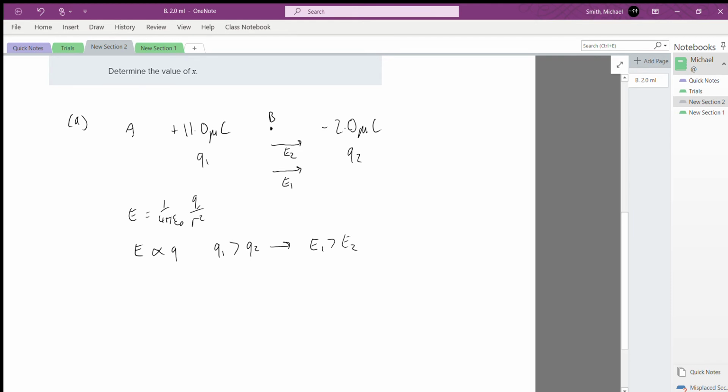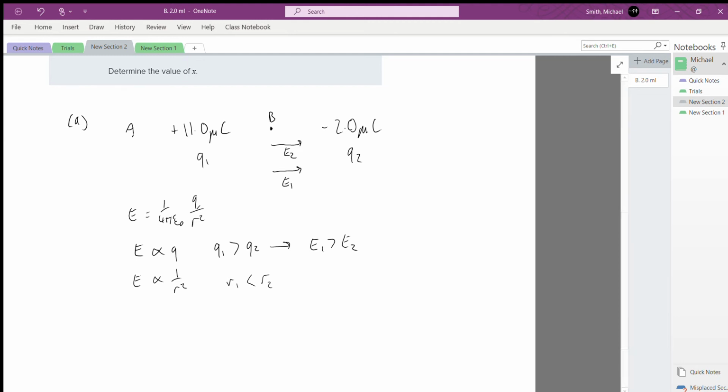And if we now have a think about the distance, the electric field is inversely proportional to the distance squared. So the smaller distance is going to correspond to a greater electric field. So here, the distance to charge Q1, R1, is less than the distance to charge Q2.